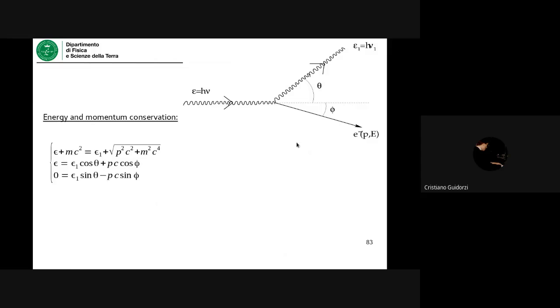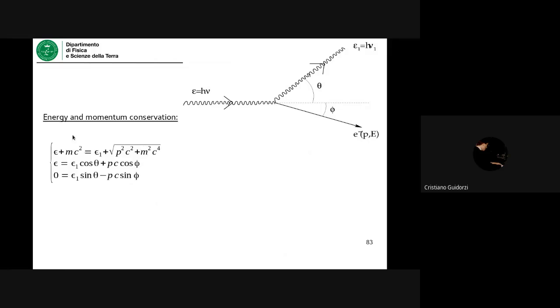You clearly see that in order to have conservation of linear momentum, the figure here is not by chance. Inevitably, if the photon is going this way, the electron has to go this way down here. So the perpendicular component will be just P sine phi with a minus sign. And all this again has been multiplied by c.